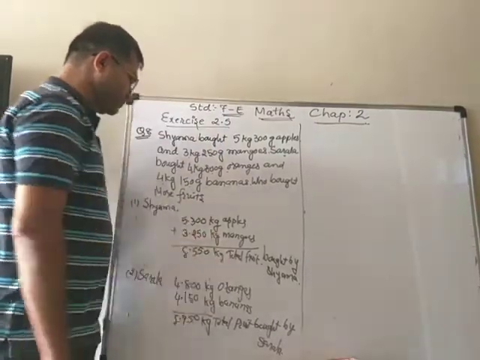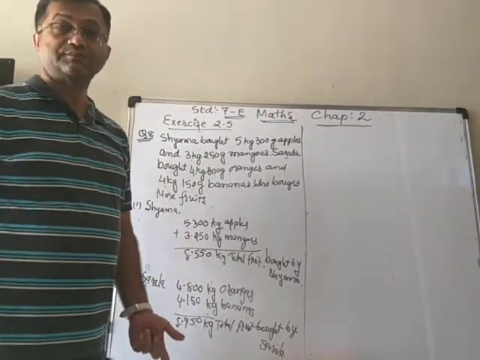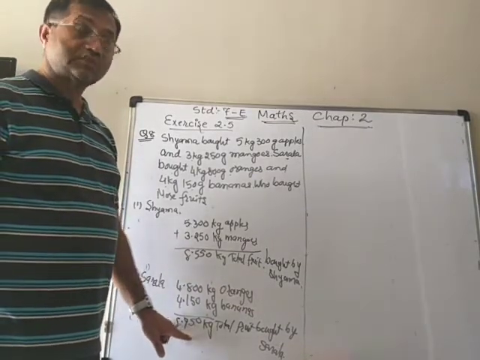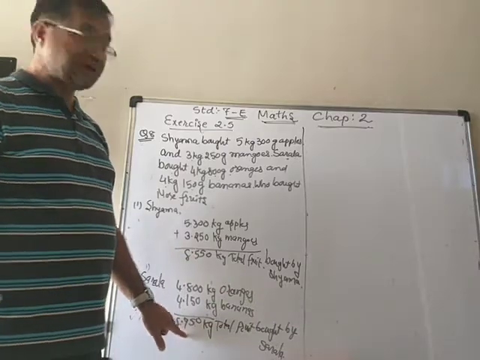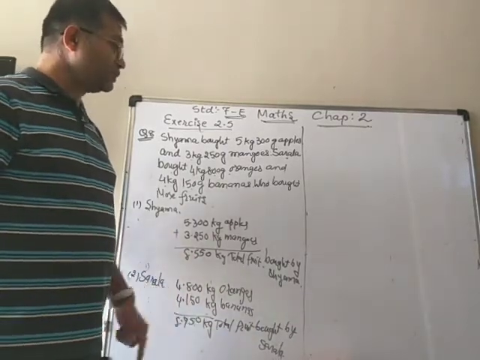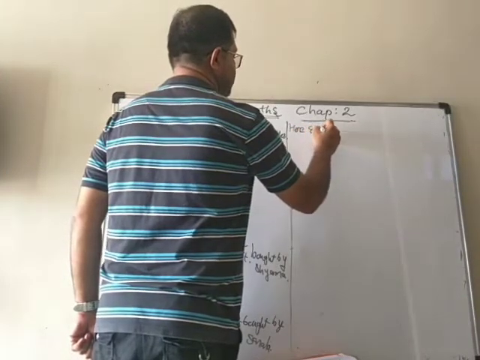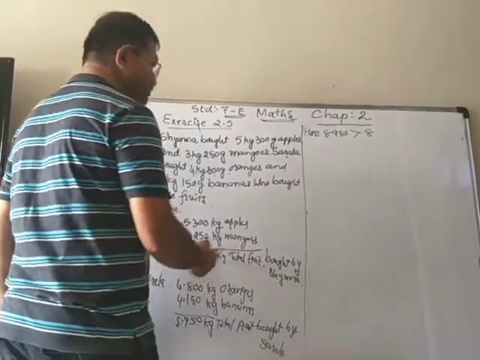Now you can compare it. This is 8.550, this is 8.950. Obviously, which is greater? Because here both are equal, but 0.5 and 0.9. So 9 is greater than 5. So we know that 8.950 is greater than 8.550.